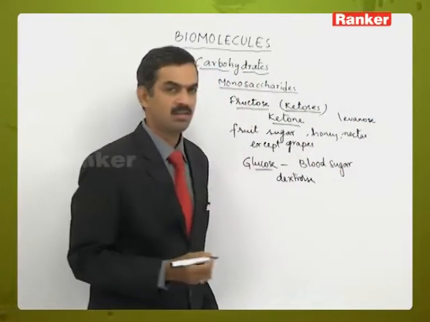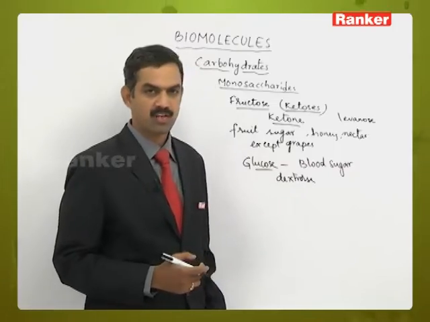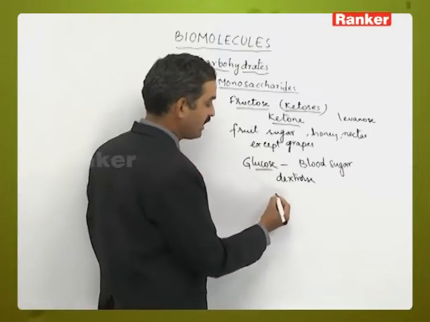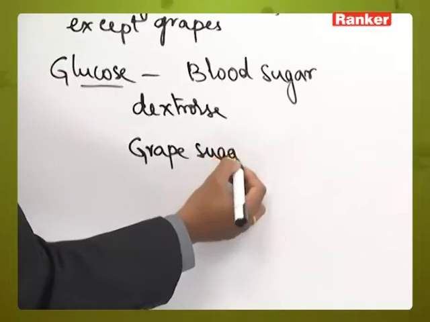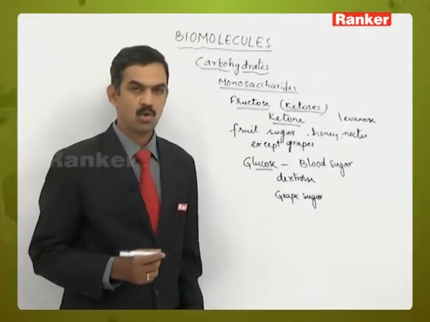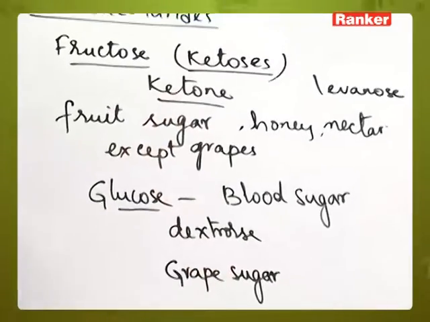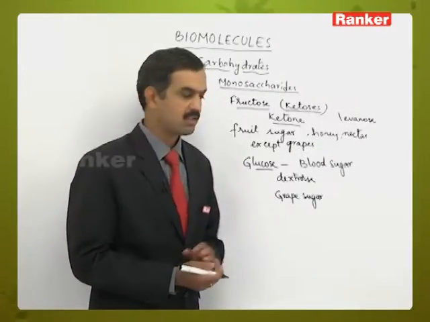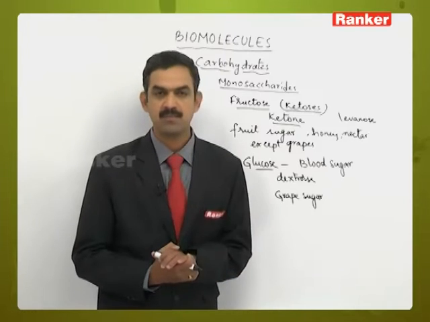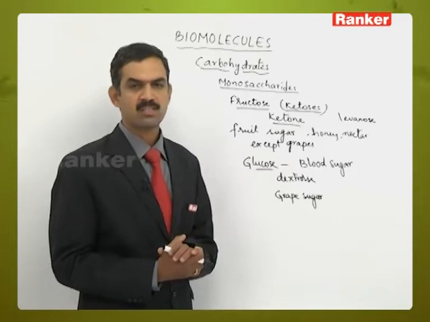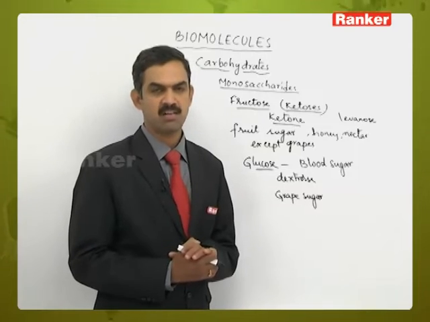The rotation is levorotatory in fructose, whereas glucose shows dextrorotatory rotation. It is also called grape sugar. This type of variation can be seen in fructose and glucose molecules. And as we know, if the blood sugar level is increasing, it can be regulated by hormones like insulin, which controls the blood sugar levels in our body.